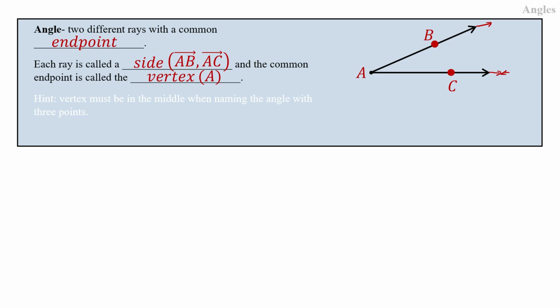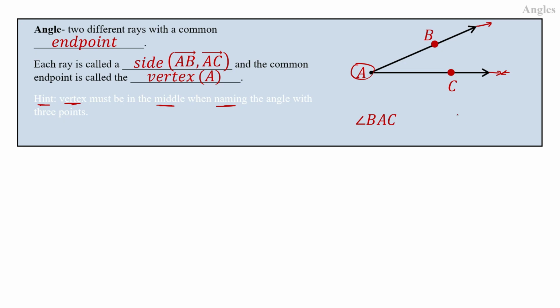There are lots of different ways you can name an angle, and sometimes you can use some of the naming, sometimes you can't. So let's go over that really quickly. For example, we can call this angle BAC. Put a little hint over here: the vertex, that point A right there, has to be in the middle when you're naming the angle with 3 points.